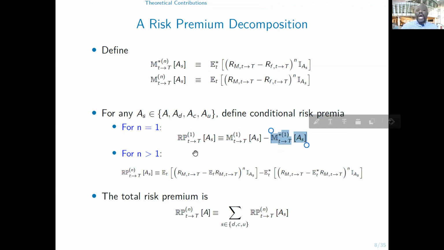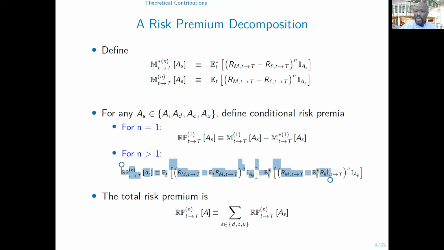Now, when n is higher than 1, this is how we define high moment risk premium. For example, for variance risk premium, you set n equal to 2 and you get the variance risk premium. You set n equal to 3, you get the skewness risk premium. Now you might ask, why use two different definitions, n equal to 1 and n higher than 1?